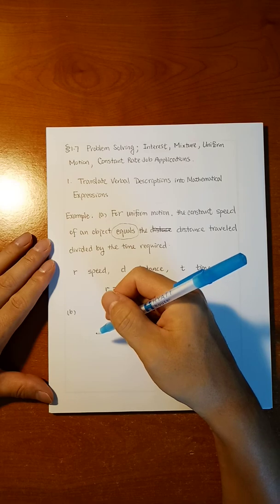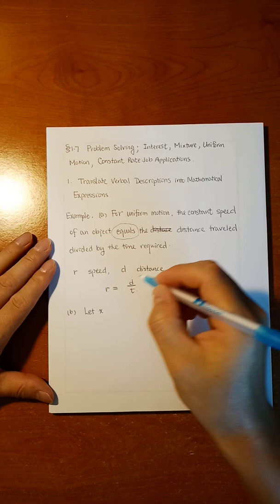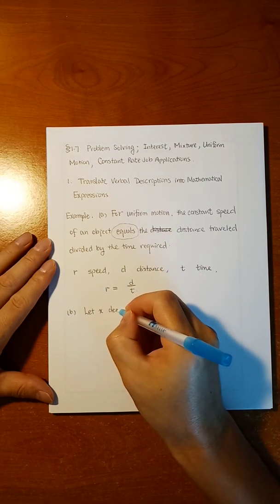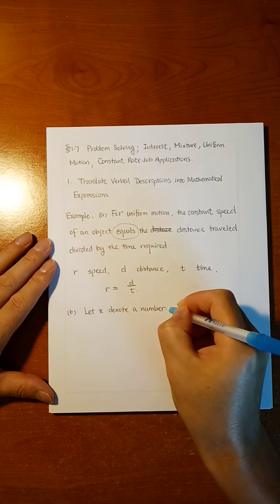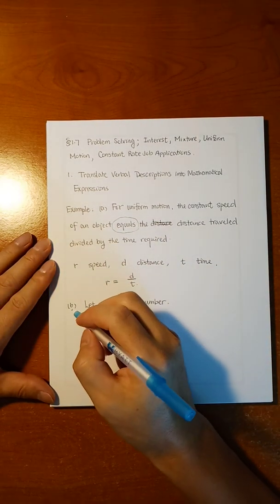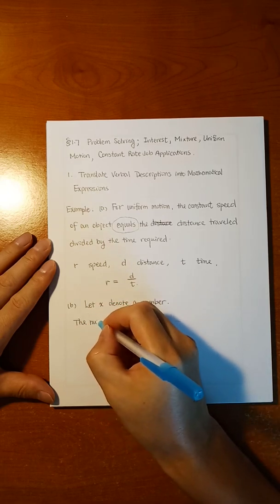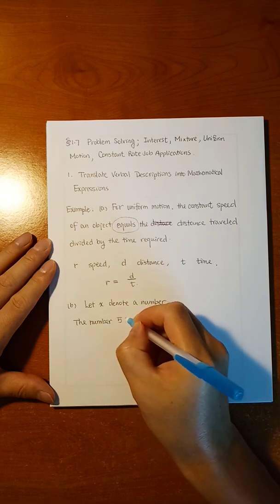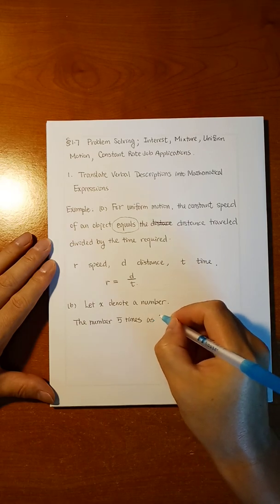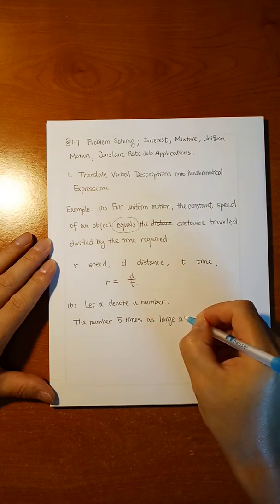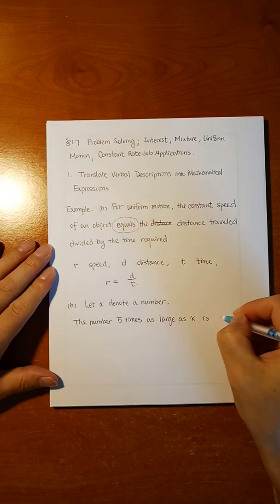You can also translate the operation. So let x denote a number. X is a number. The number 5 times as large as x, 5 times as large of x is 5x.